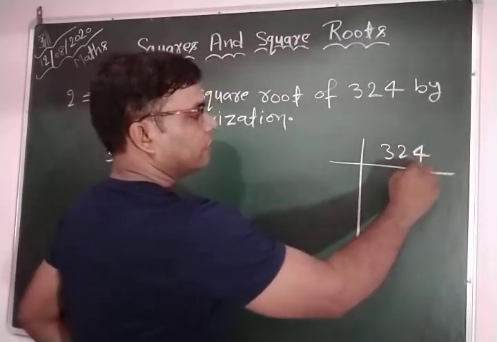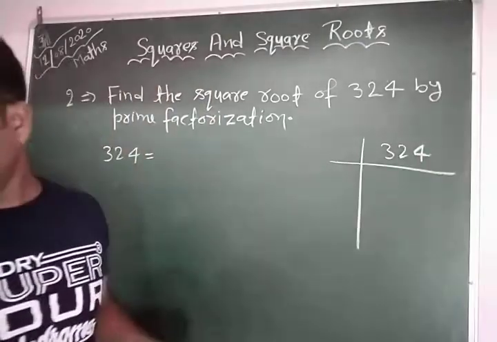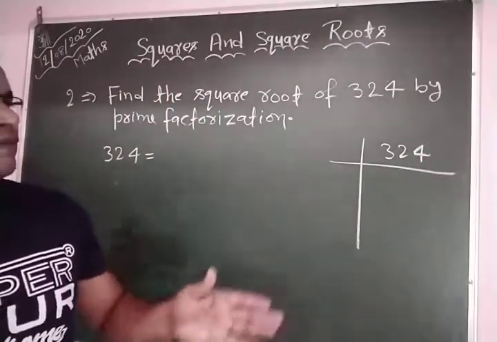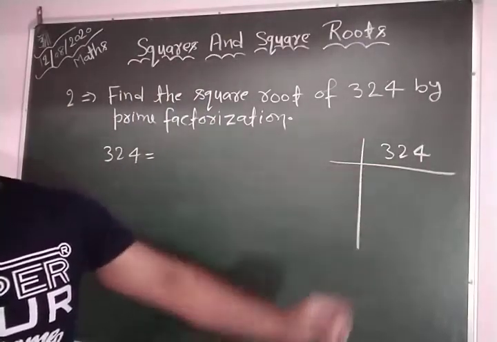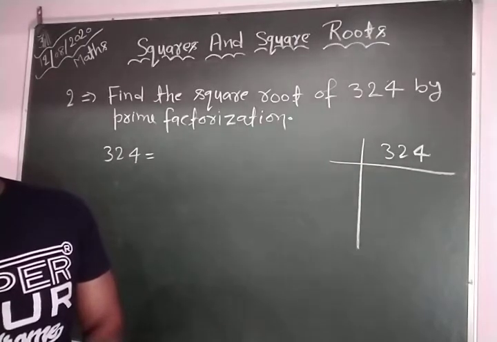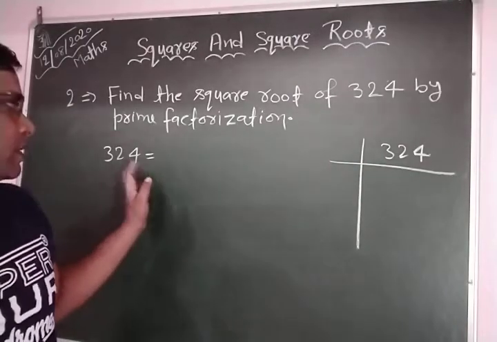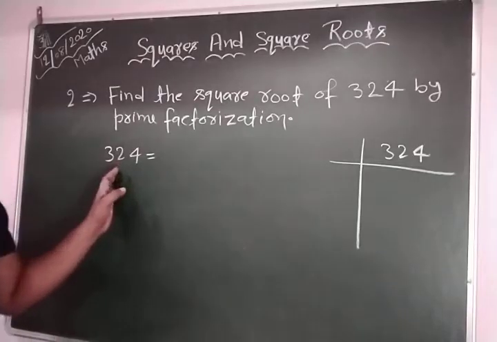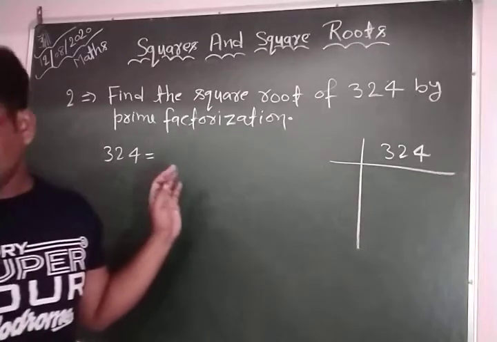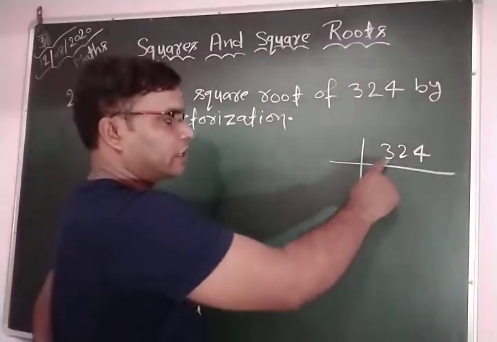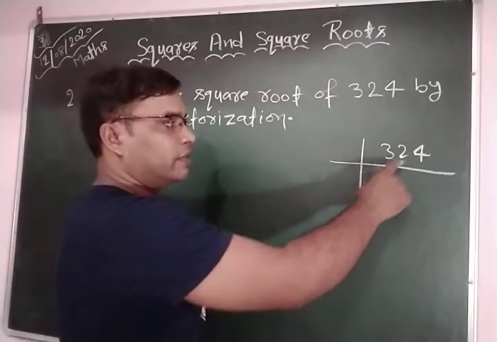The unit place digit of 324 is 4. First we find the prime factors of 324, and after this we express 324 in prime factors. So this is the given number 324.